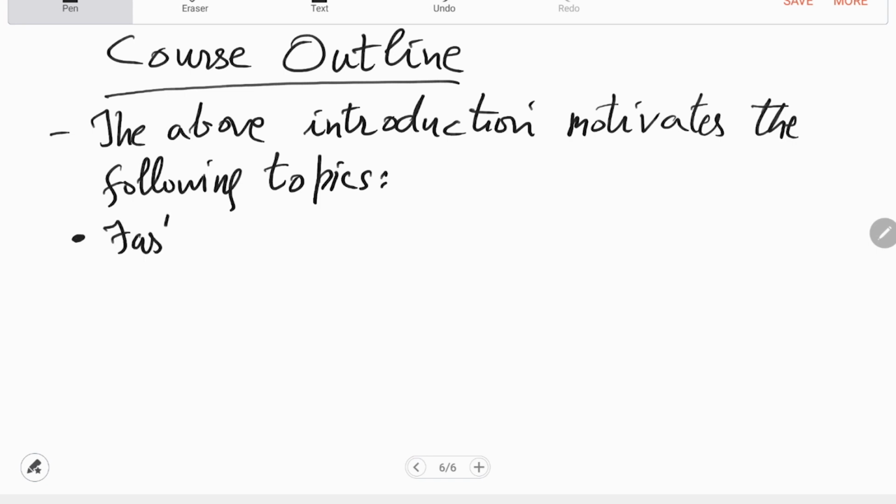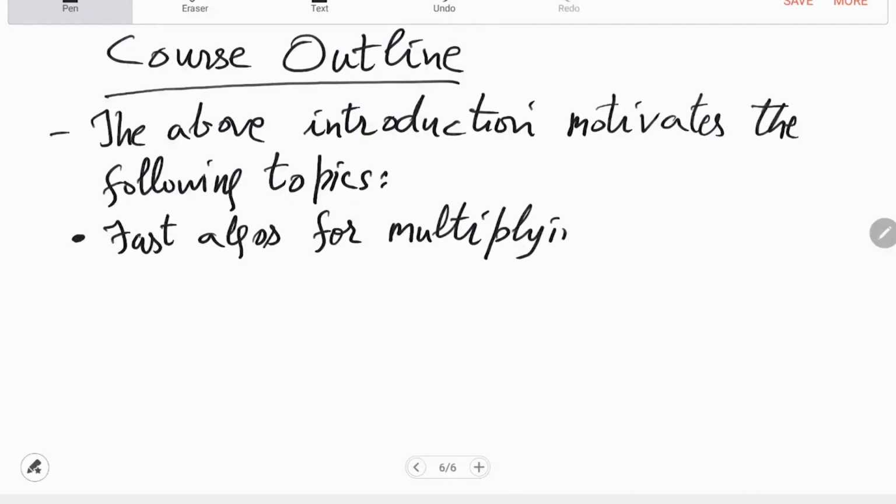So fast algorithms for multiplying or dividing. Those things are actually essentially the same. You will see that for integers and polynomials.